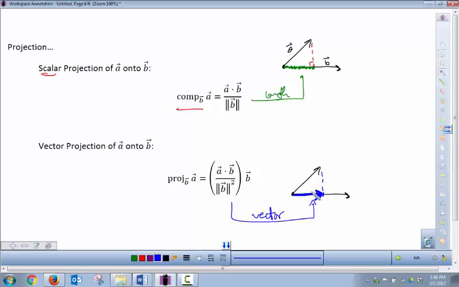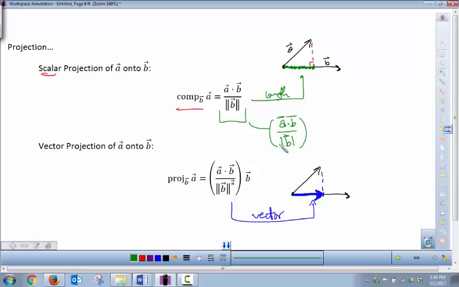Unit vectors, right? So there's some unit vector involved here. So it turns out that if I know the length, and I want this new vector to be going in the direction of B, I could just take this length, A dot B, divided by the magnitude of B.